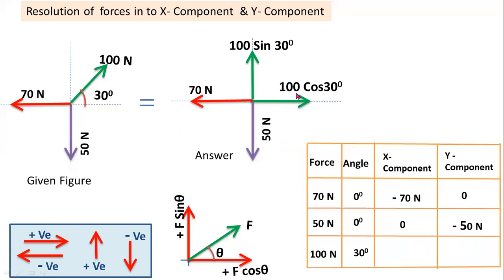This x component is acting towards right, that means positive sign. So plus 100 cos 30 is the x component, and this one also has positive sign, plus 100 sin 30 for the y component. This is the answer for this problem. These all are x components, these all are y components.